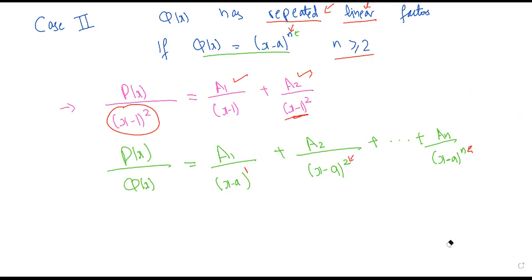Okay, let's talk about the second last type and then we'll talk about the questions. This is case 3. So here what do we have? Q of x has non-repeated irreducible quadratic factors.